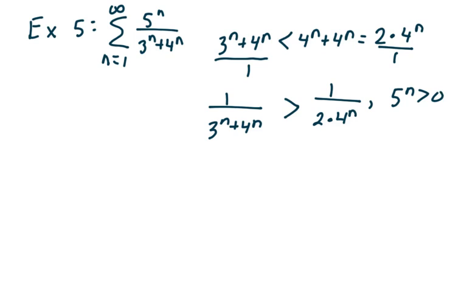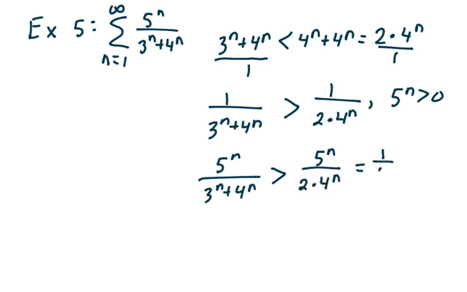So I'm going to multiply both sides by 5 to the n. And that's bigger than 5 to the n over 2 times 4 to the n. But this is 1/2 of 5/4 to the n.